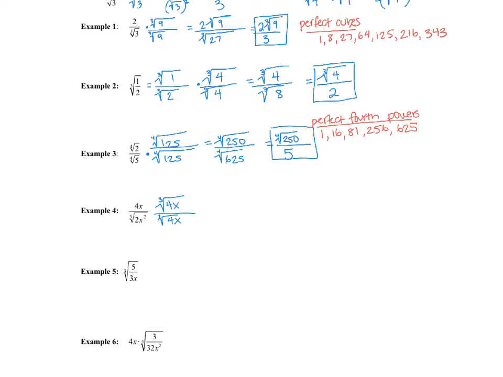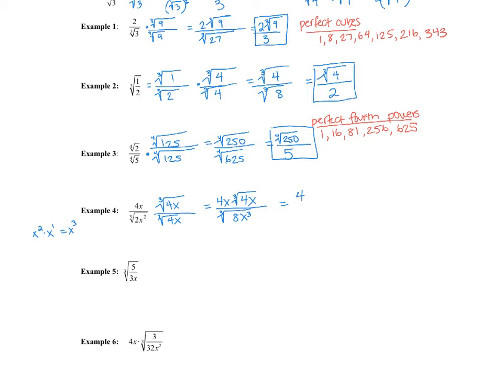Remember, with your properties of exponents, x squared times x, when we multiply with the same base, we add the exponents, so this would give us our x cubed. So what we would have here is the cube root of 4x over the cube root of 8x cubed.